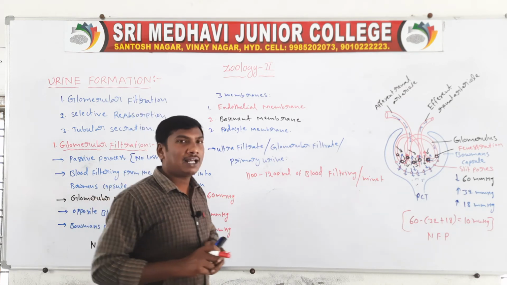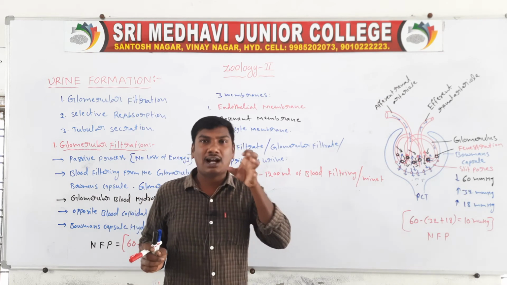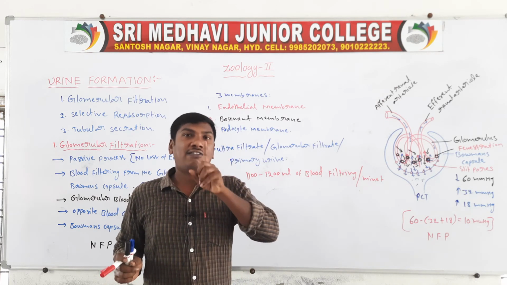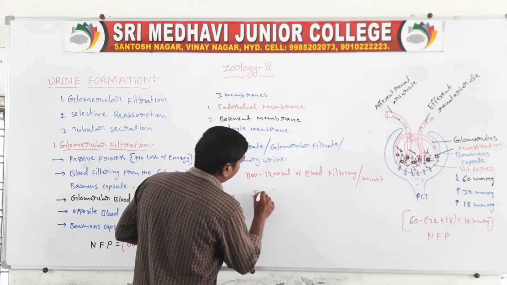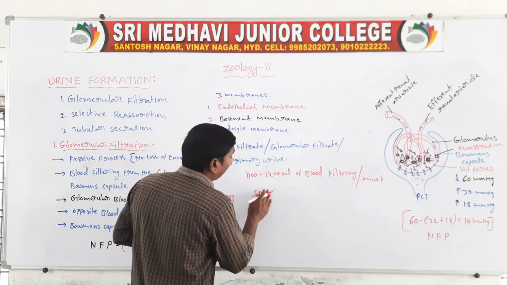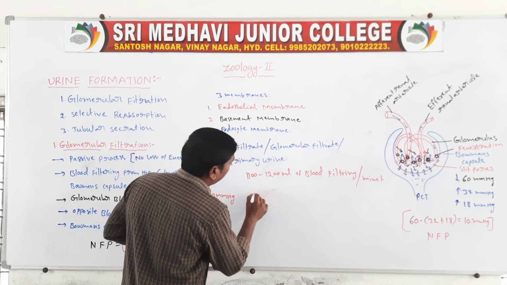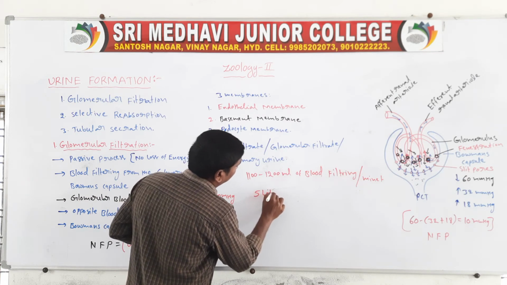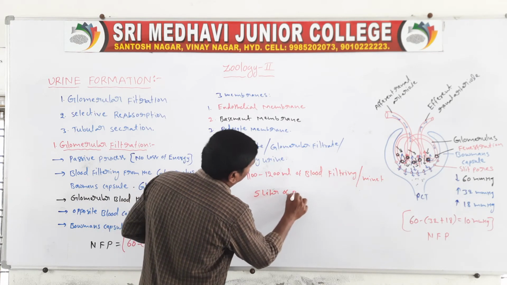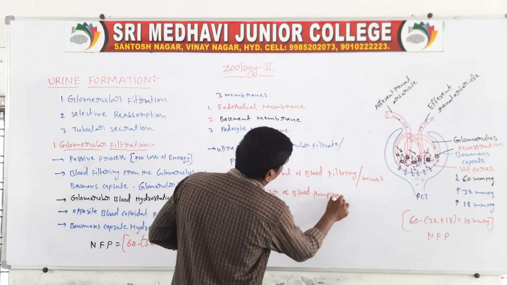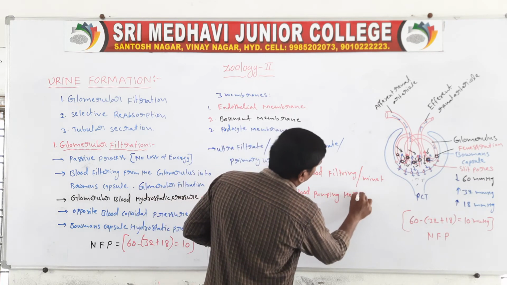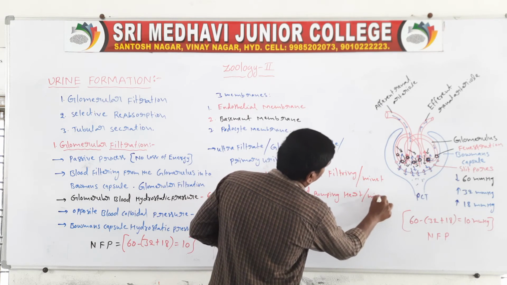The heart ventricles pump approximately 5 liters of blood per minute.